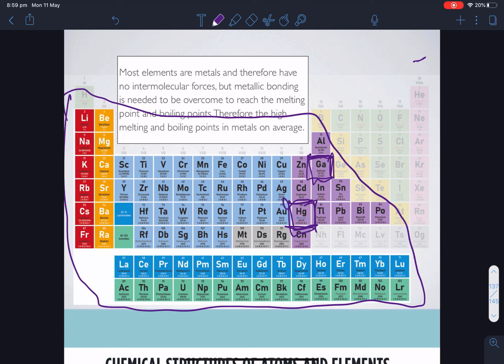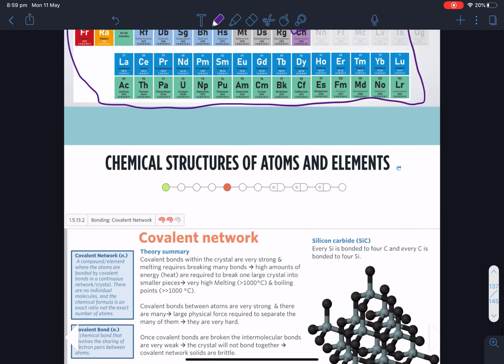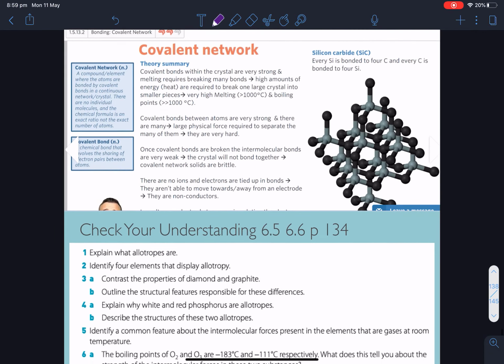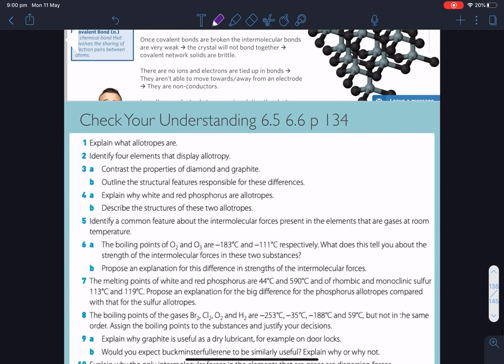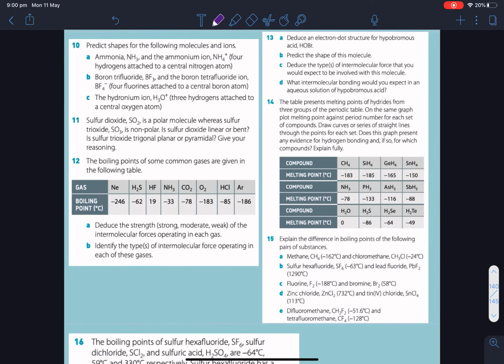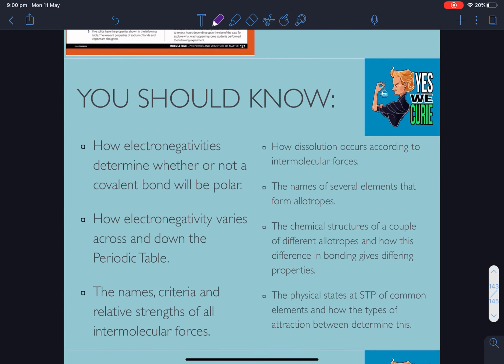And then you get stuff like tungsten, which is really high, thousands of degrees. So these have relatively high melting and boiling points compared to these gases, because of this metallic bonding.